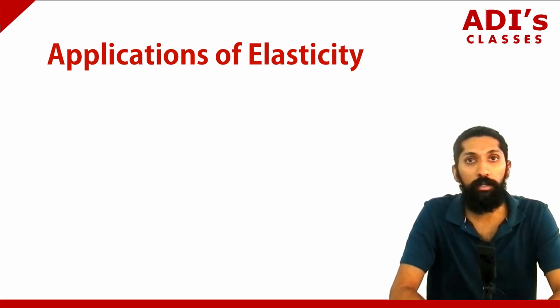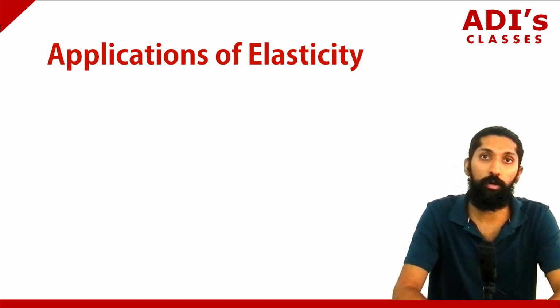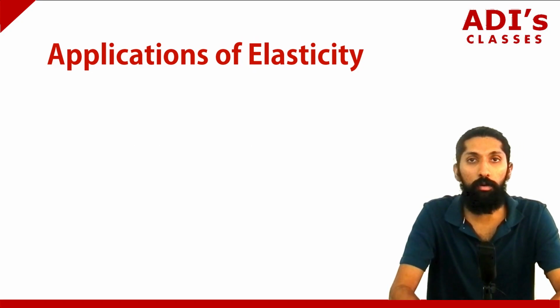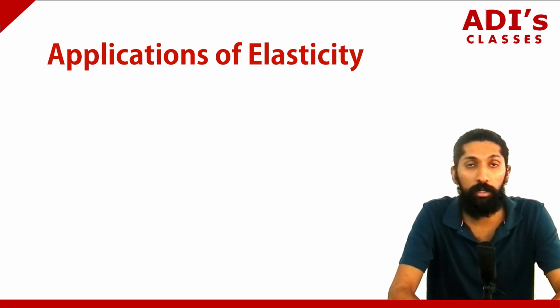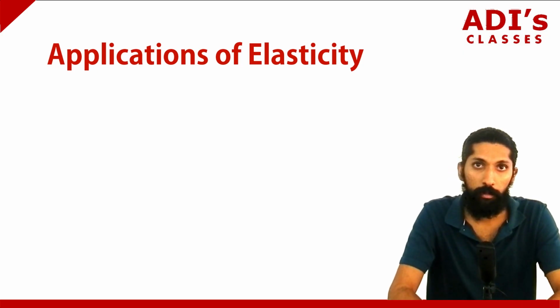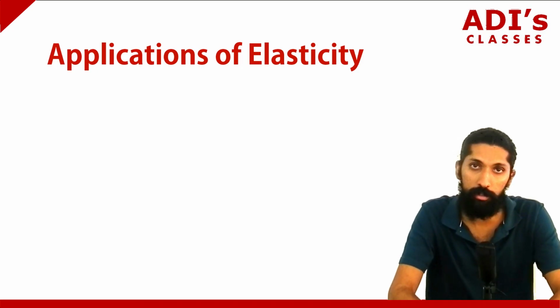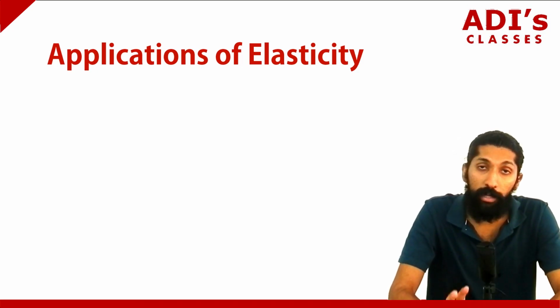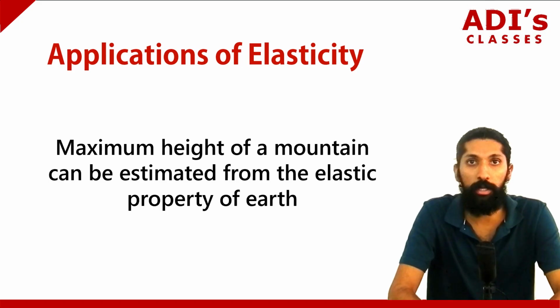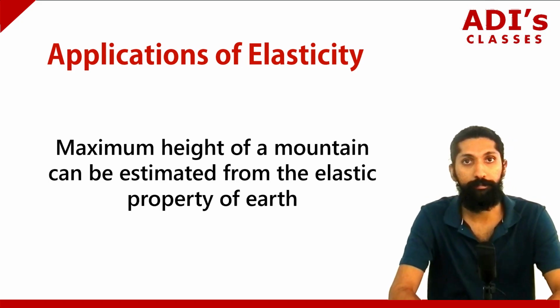Now, another application we can think of is, I would say, a more general example. Any particular planet has mountains, obviously, correct? Earth, or any planet you take, has mountains. We can figure out an approximate value of the highest mountain structure on a particular planet.